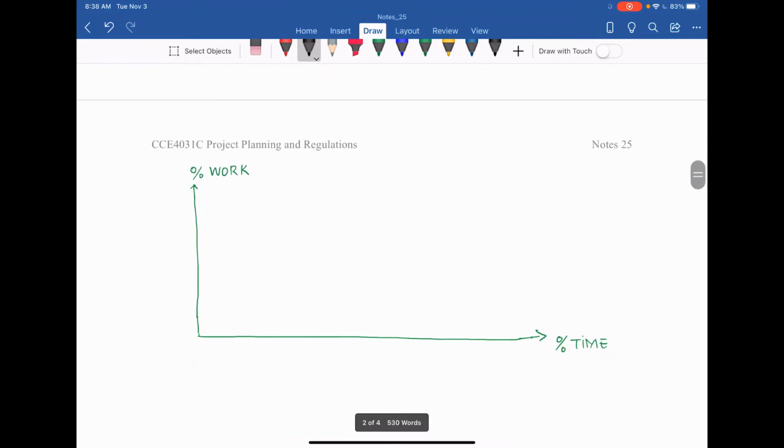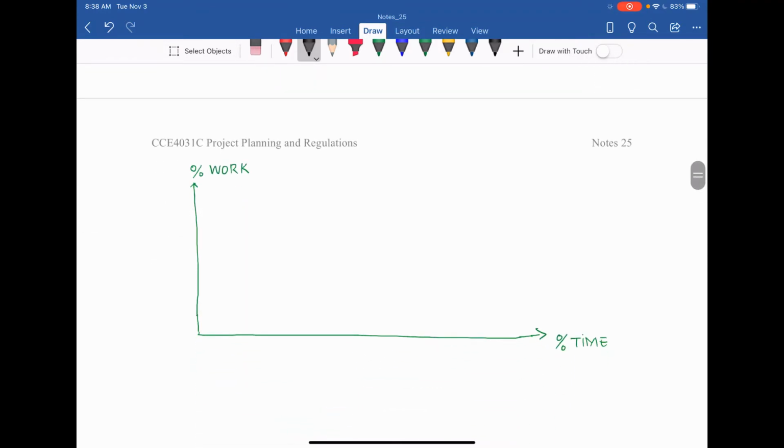Then for percent work, its maximum is 100%, so we can divide the project into 100%: 100, 80, 60, 40, 20, and 0.